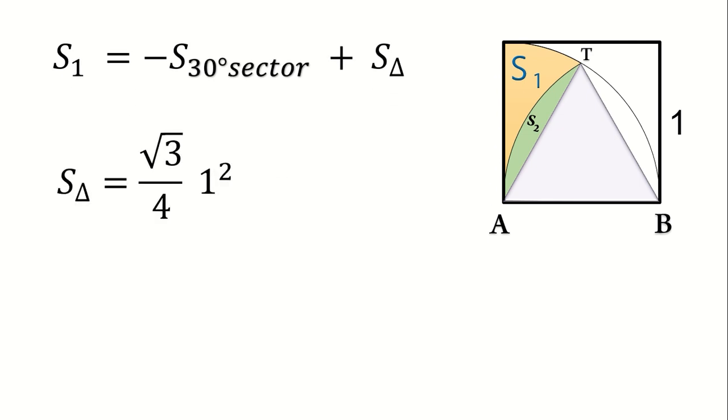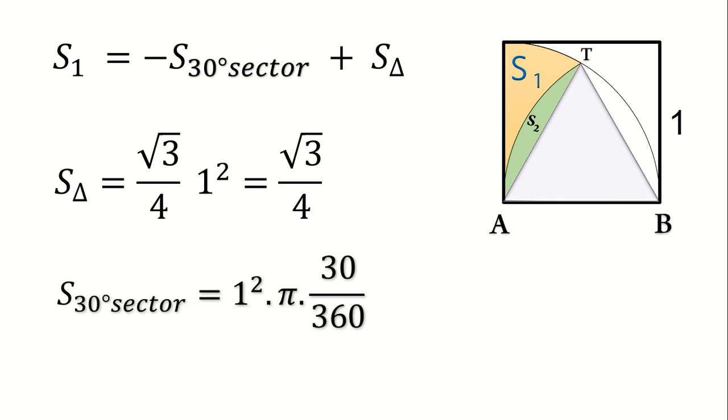The S of triangle is given by the formula root of 3 divided by 4 times the length of the triangle squared. So here we can give S of triangle as root of 3 divided by 4. And the area of a 30 degrees sector of the circle is equal to the area of the circle times a factor.